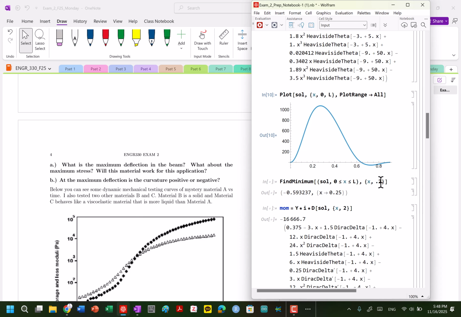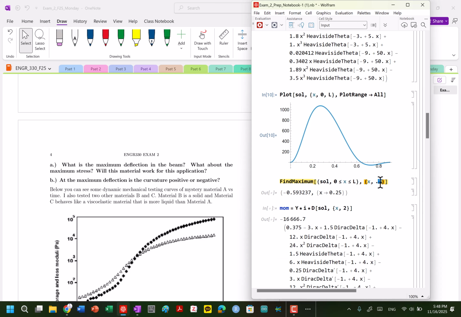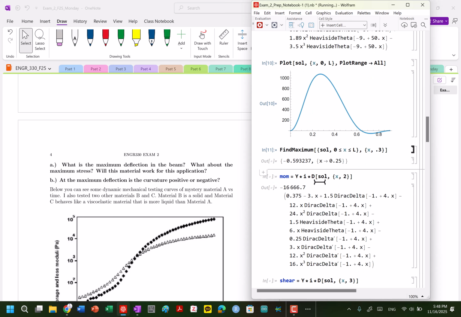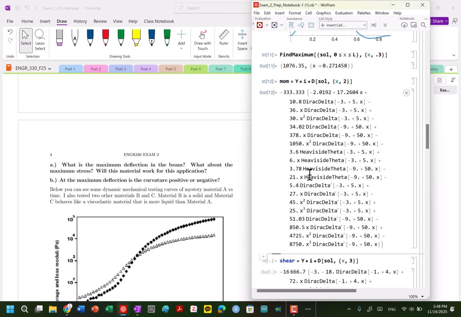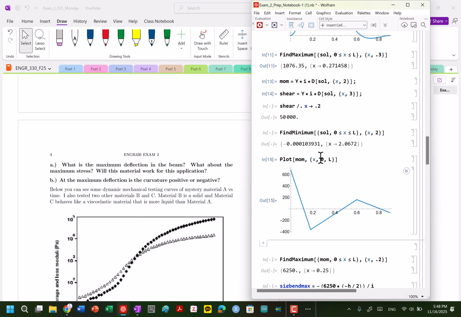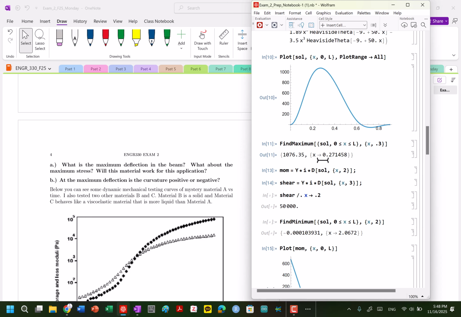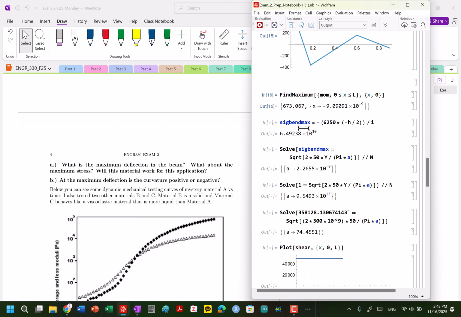It looks like we're going to be looking around 0.3, and that find minimum, we're going to say find maximum, 0.3. While we do that, we'll run this code here. We can hide this input here. Let's find our moment. We need to find the maximum moment here, probably searching at 0. We'll get back to that. Okay, so this is my deflection. That's a lot.